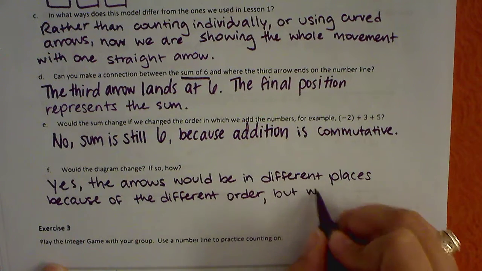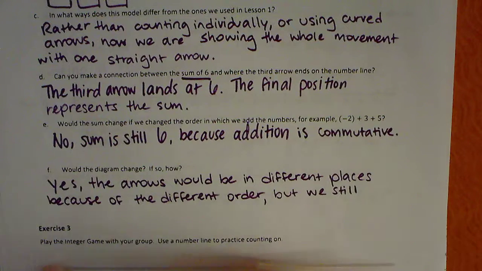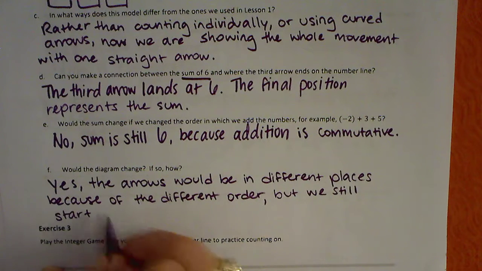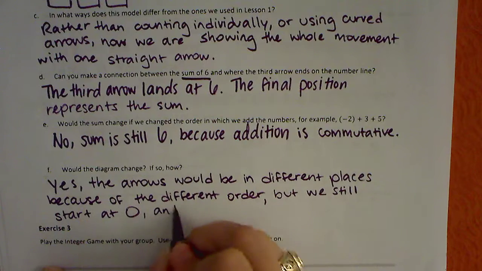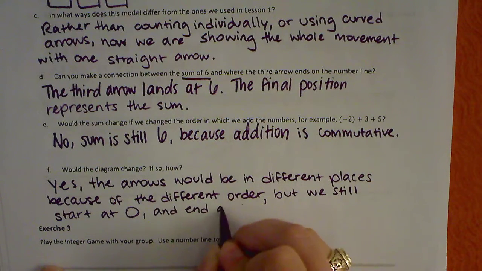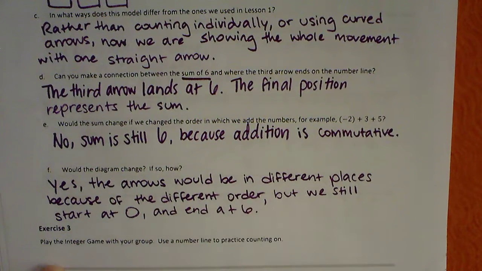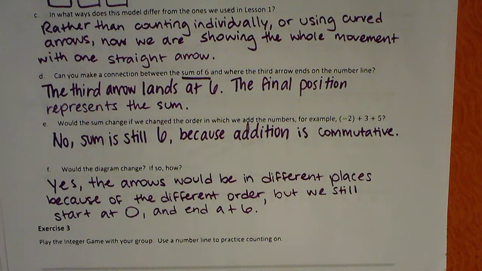But we still start at 0 because we always start at 0, and end at 6 because these all sum to 6. Get that written down.